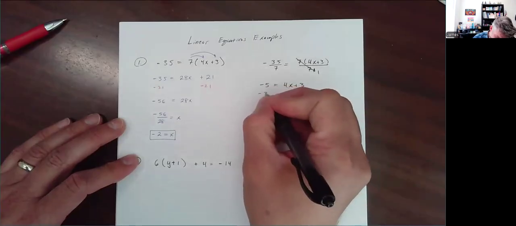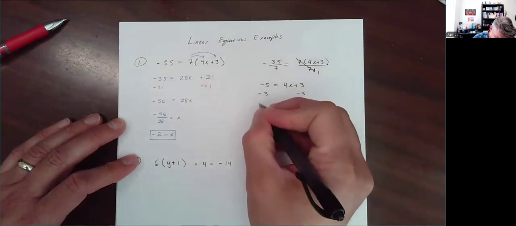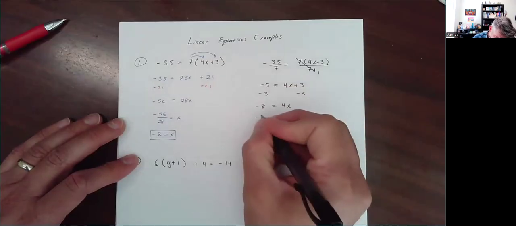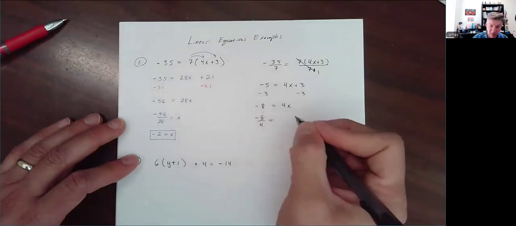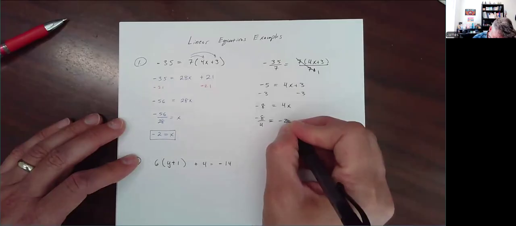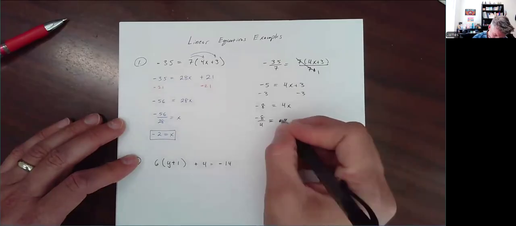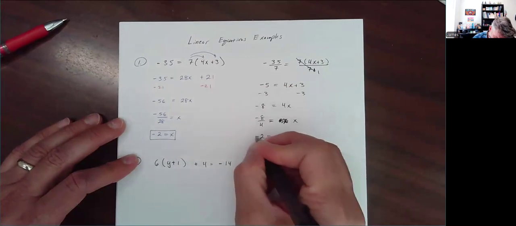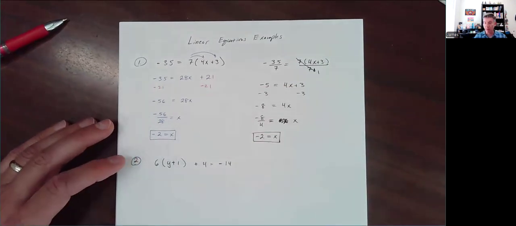Subtract 3 from both sides. -5 minus 3 is -8 equals 4x. Divide both sides by 4. -8 divided by 4 is -2, is x. So -2 is equal to x. Getting a little ahead of myself there.